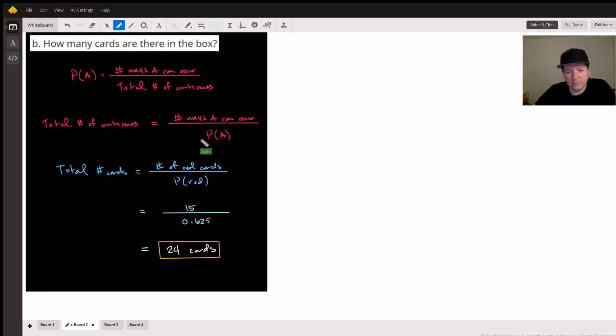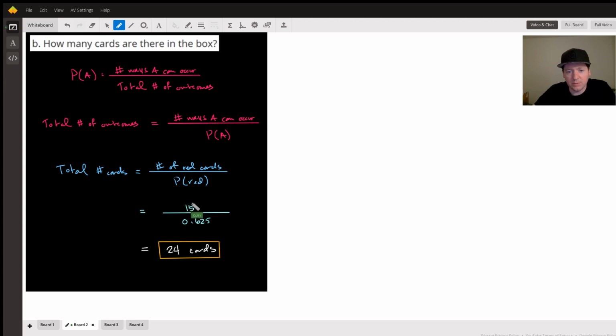Well, for this specific problem, the total number of outcomes is like saying the total number of cards in the deck. And then the total number of ways A can occur is just the number of ways we can get red cards, because that's the event that we're asking about here. And we can divide that by the probability of getting a red card, which we calculated in the last problem.